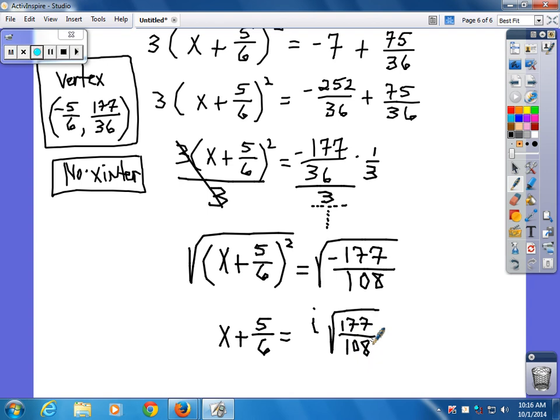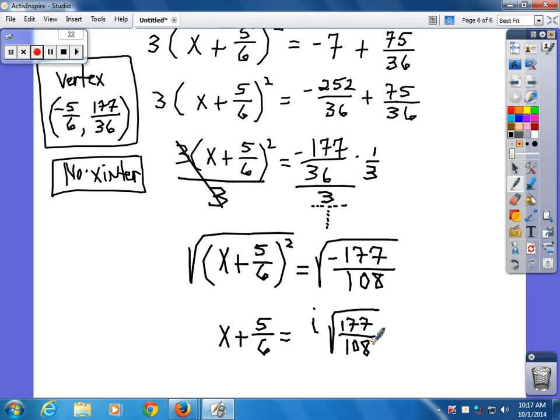Usually, most of the time, you'll get a perfect square over here, so one of the two or both. But this time, since I made the question up, it's turned out to be messed up, so we'll just have to work with it. You can take the square root of 108 and get a decimal if you want to, but I'm going to rationalize, and that's going to be a big number up top, with 108 on the bottom.